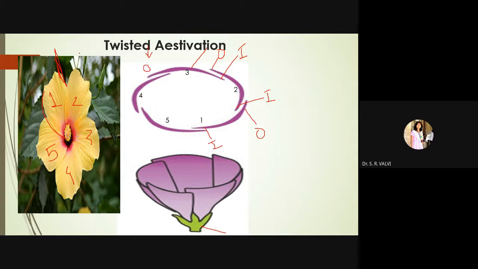Even this end is inner and this end is outer, right? So likewise one end is in, the other end is out. Likewise the in and out of each sepal is arranged, hence this estivation is called twisted estivation. In twisting condition it is present. So the example is Hibiscus rosa-sinensis. This is the botanical name for hibiscus flower.